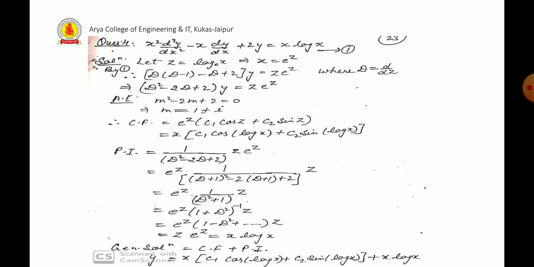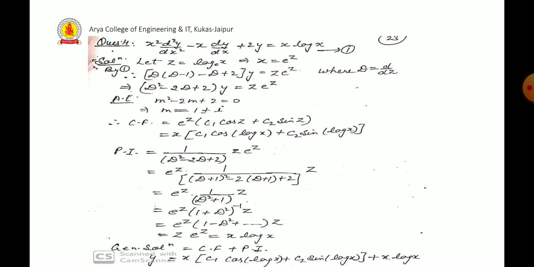This implies that (D squared minus 2D plus 2)y is equal to z e to the power z. The auxiliary equation of the last equation is m square minus 2m plus 2 is equal to 0. This implies that m is equal to 1 plus minus i.